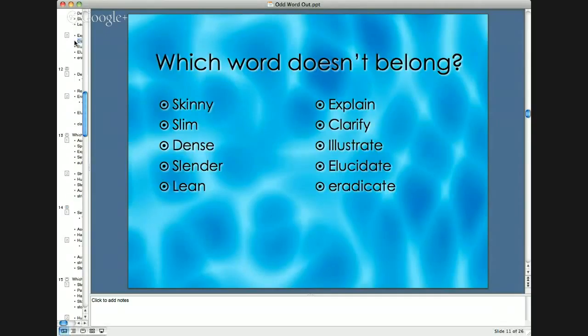Skinny, slim, dense, slender, lean. We know what skinny means, right? We know what slim means. These are very similar. Which one doesn't mean skinny?